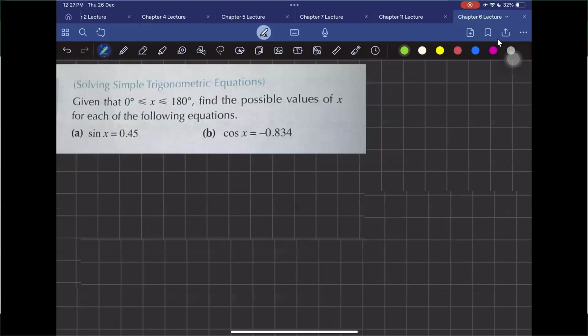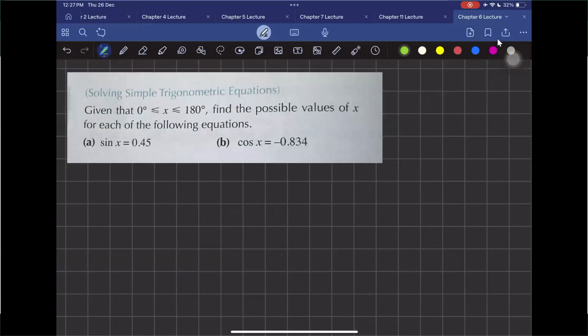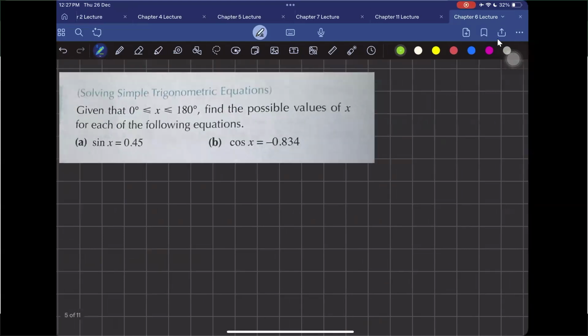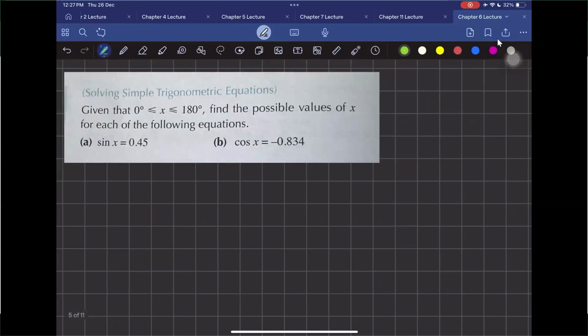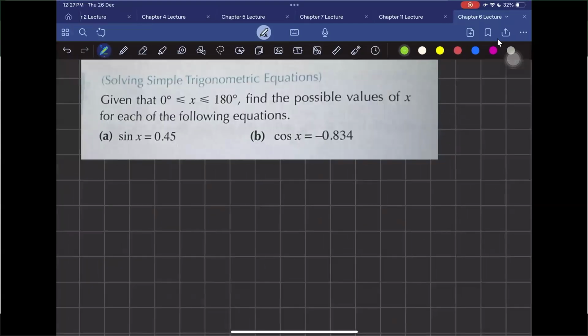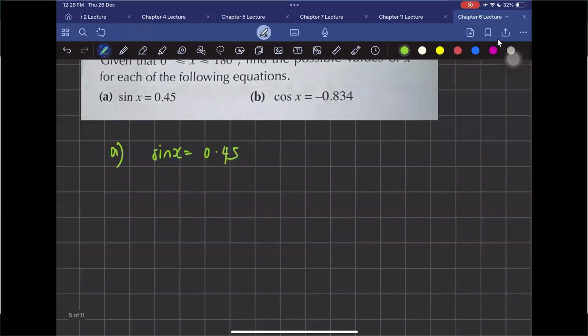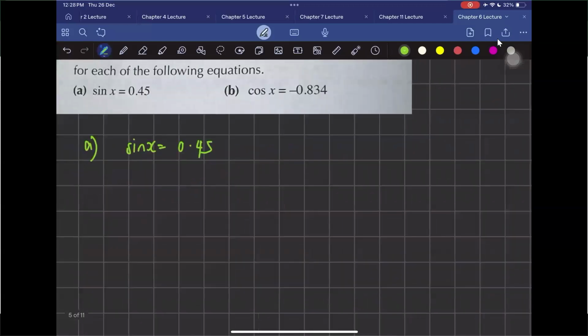Okay, so this question, you're given that your x can be between 180 degrees to 0 degrees, and you are asked to find the possible values of x. Okay, so sine x equals to 0.45. So if you use your calculator, you can have two different values.